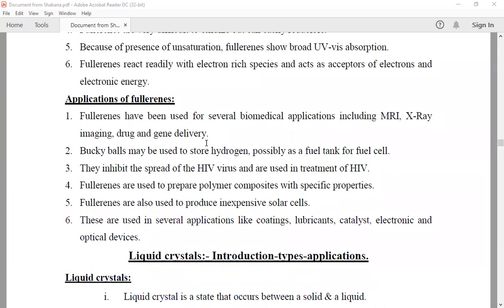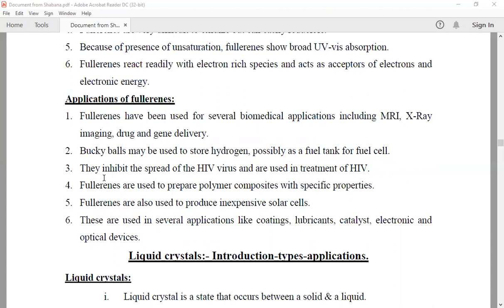Coming to the applications of the fullerene, it has been used for several biomedical applications, including MRI, X-rays, drug and gene delivery. Buckyballs are an efficient medium to store hydrogen gas. That's why the buckyball can be used to store hydrogen, possibly as a fuel tank for fuel cells.